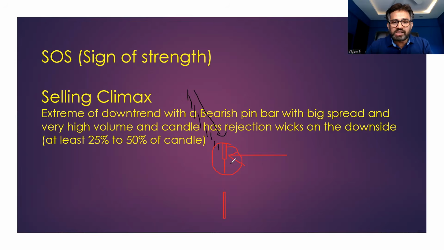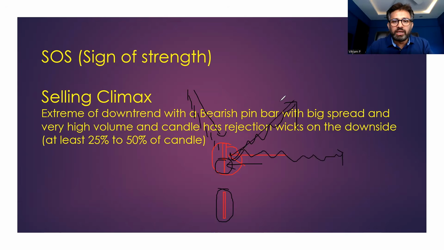That means sellers are getting exhausted. Why are sellers getting exhausted? Because there is a big rejection, big wicks on the downside, and it is also indicating big volume. That means buyers are coming into the play. So chances of price reversing from here, or at least taking a pause, are higher.